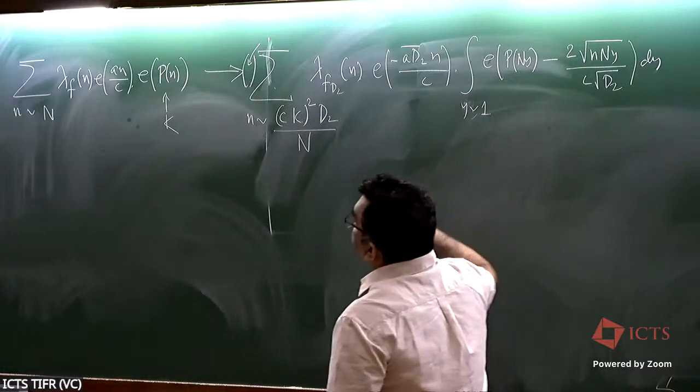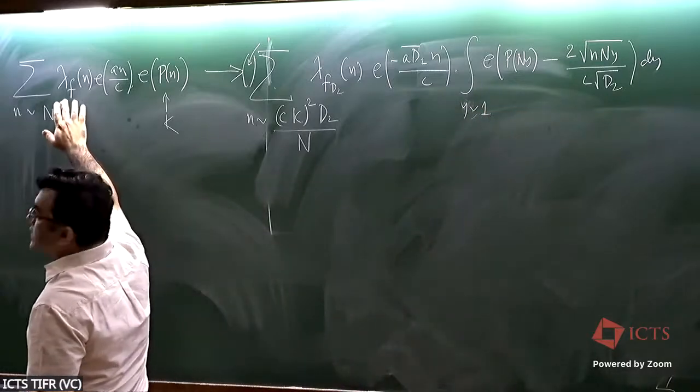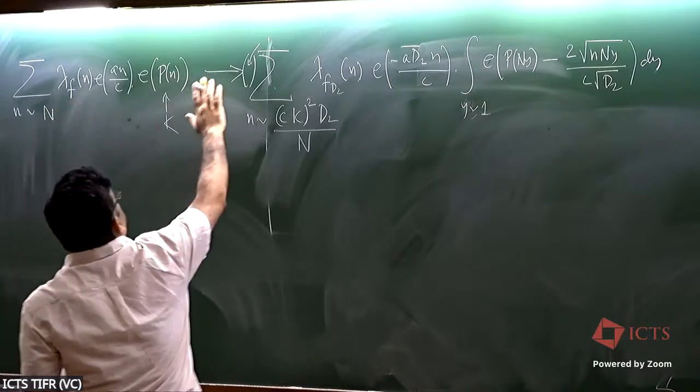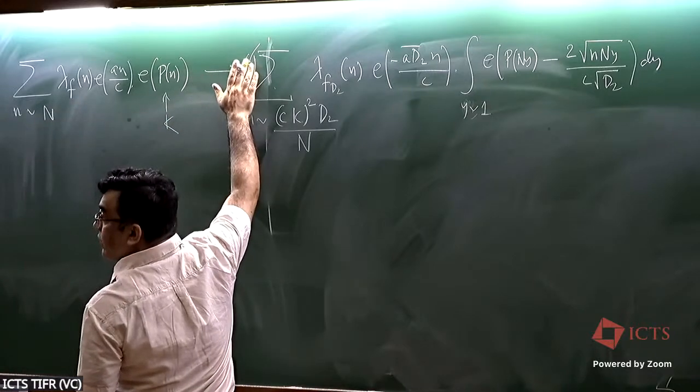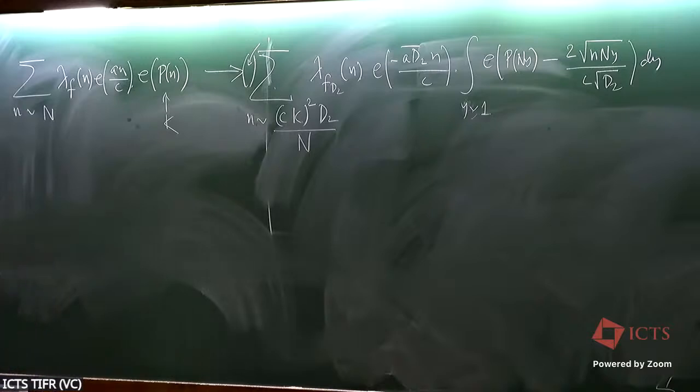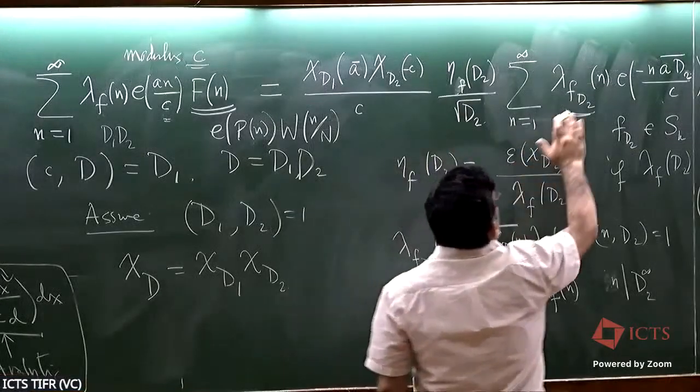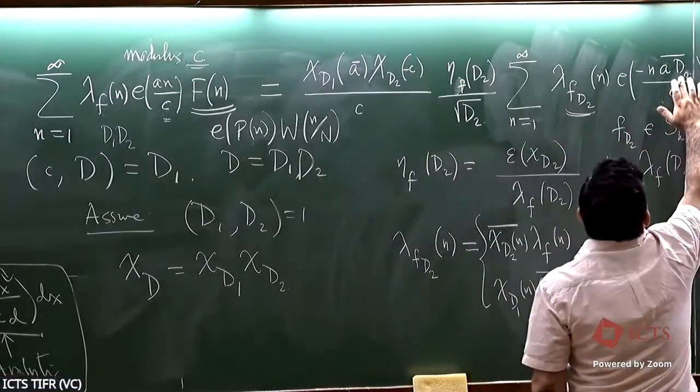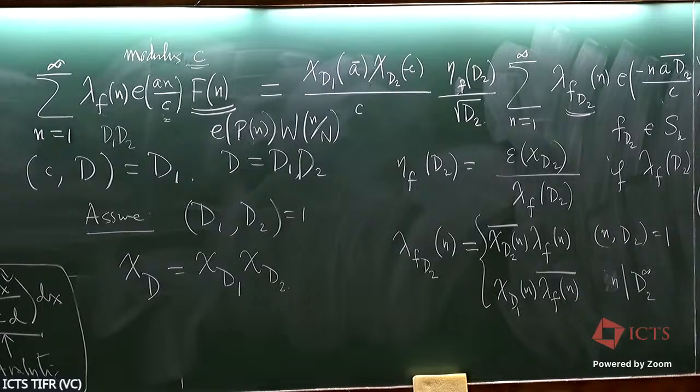If you are just looking at level 1, which is the nicest case possible, there is nothing to worry about over here, because whatever was outside is only depending on having a level. If the level is 1, there is no chi d1, there is no chi d2, so this part is just 1, this part is just 1, f d2 is just f, d2 is gone, and it looks really nice.